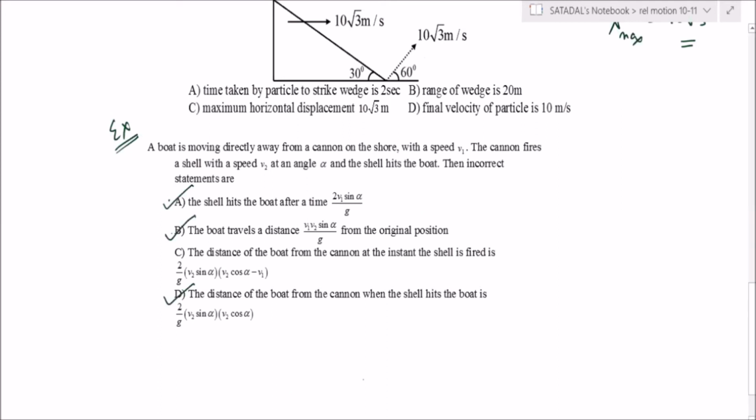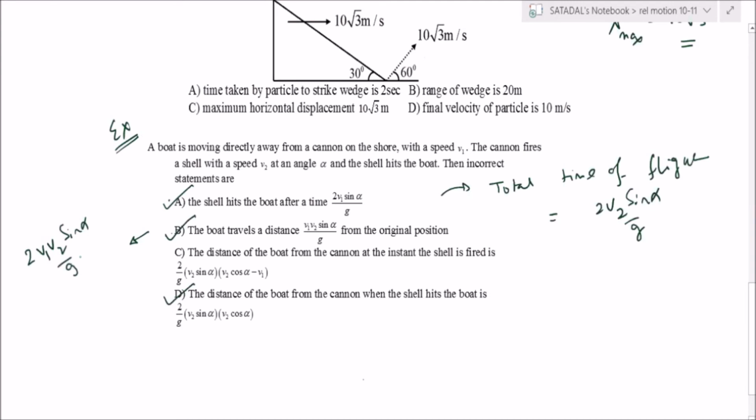Actually, we'll get the total time of flight. Yes, Chaitanya. Sir, I forgot to lower my hand. Okay. Total time of flight is equal to 2v2 sin alpha by g. Hence, A was incorrect. The distance this boat travels will be equal to 2v1 v2 sin alpha by g. That's why B is incorrect.